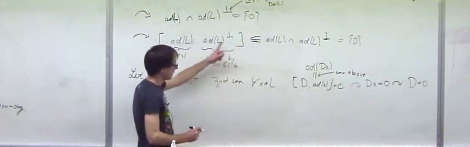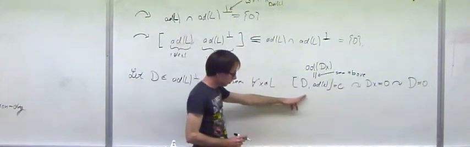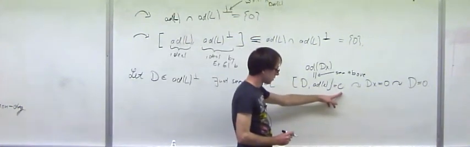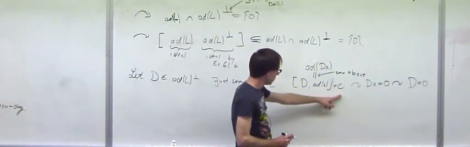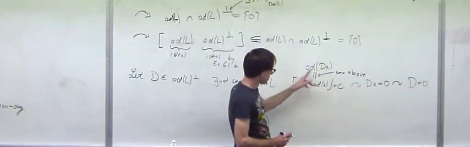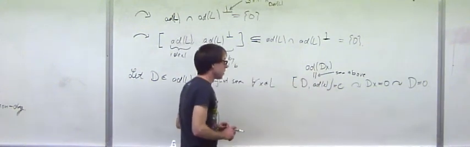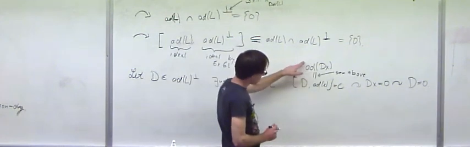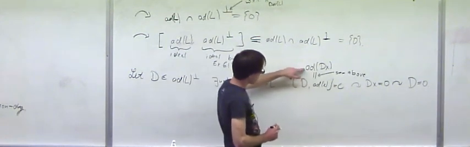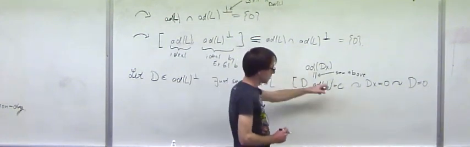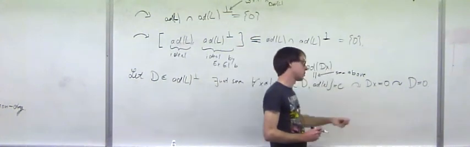Here by the last step, we know the commutator must be 0. And so ad Dx must be 0. As the second or third step, we showed that the adjoint map is injective. So Dx itself must be 0.